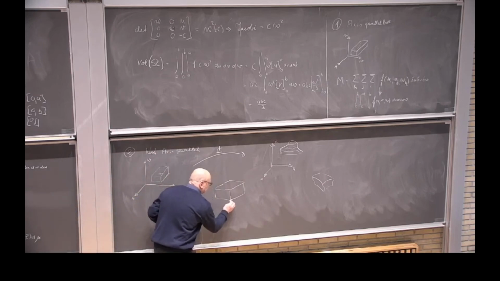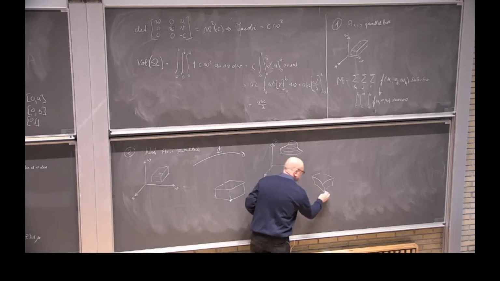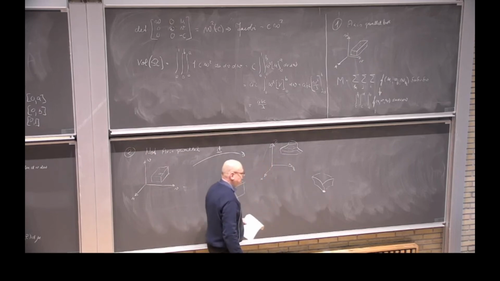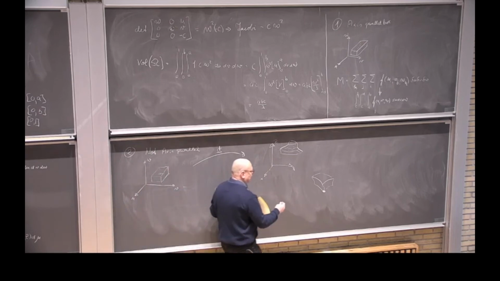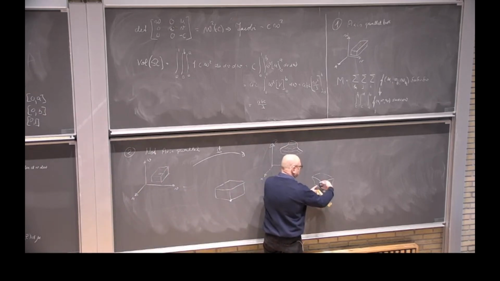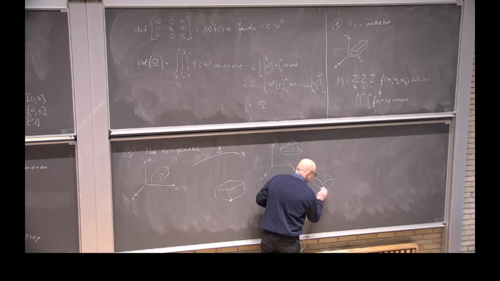This point here will be mapped into this point here. And what we want to calculate is then the approximate volume, and then the mass, because we multiply by the mass density of this volume here. And here we use the tangent vectors.